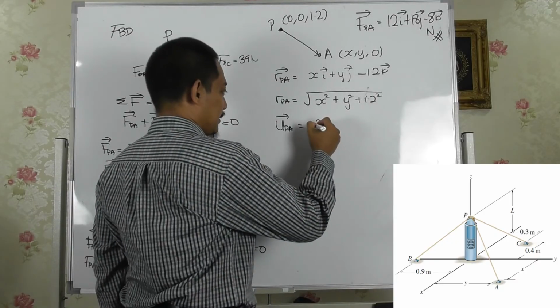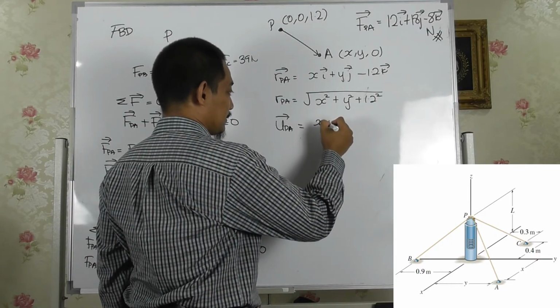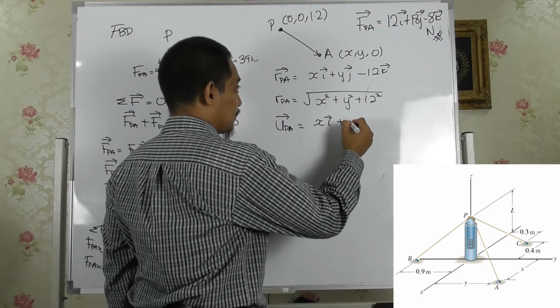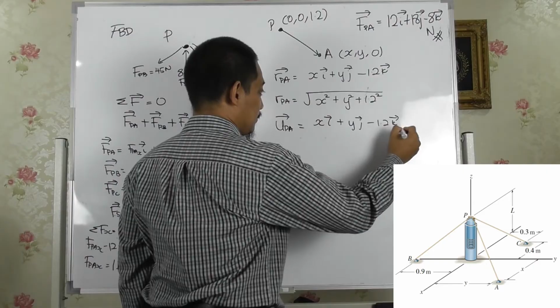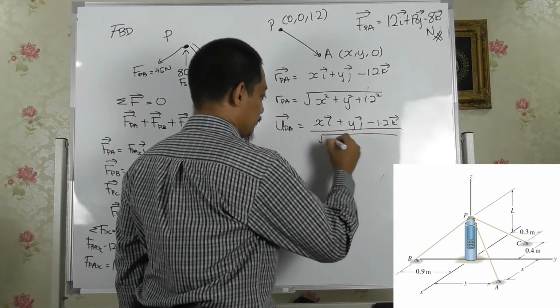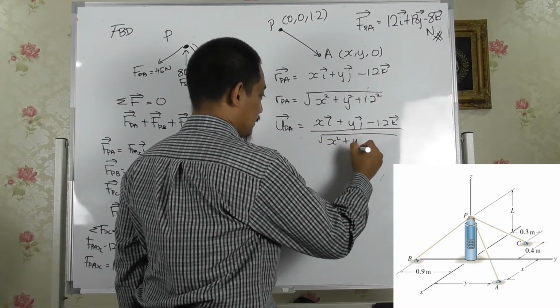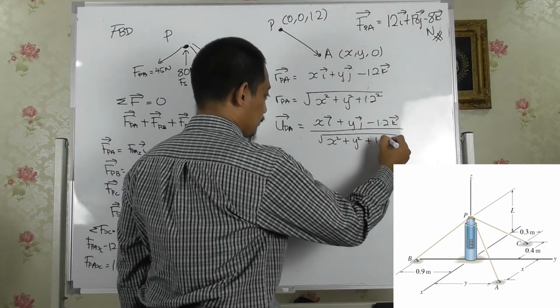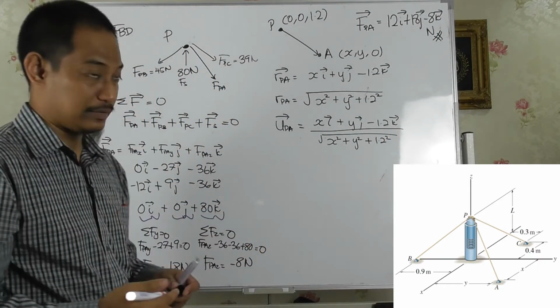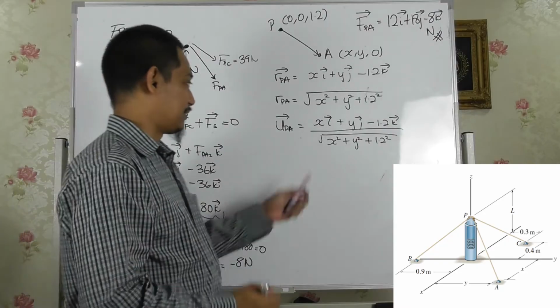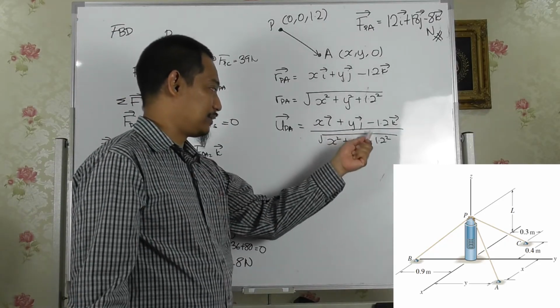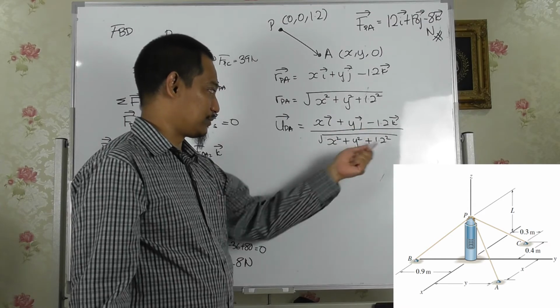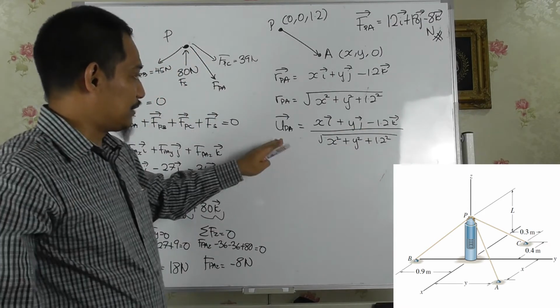So xi plus yj minus 1.2k over square root of x squared plus y squared plus 1.2 squared. Or we can write it separately, like x over this one i plus y over this one j minus 1.2 over this one k. Now that will give you u_PA.